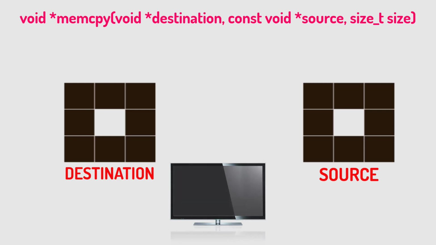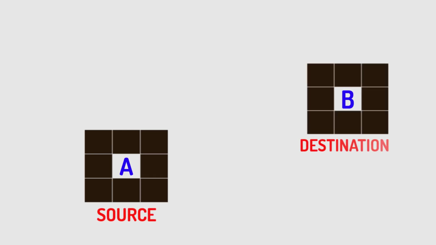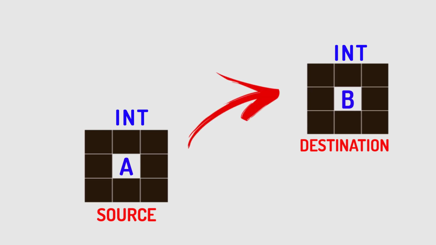The data type of the source and destination memory block must be the same. In essence, it means if the data type of the source memory block is an int, then the destination memory block must be an int, otherwise the compiler will be angry.